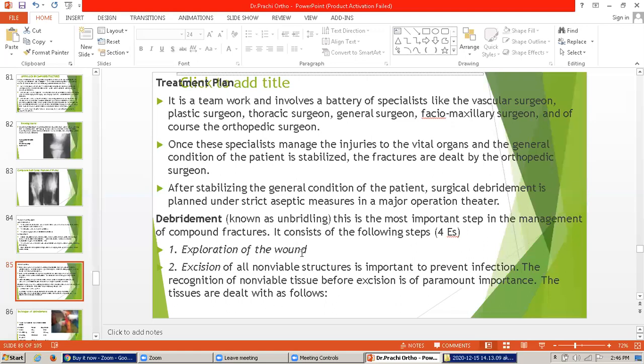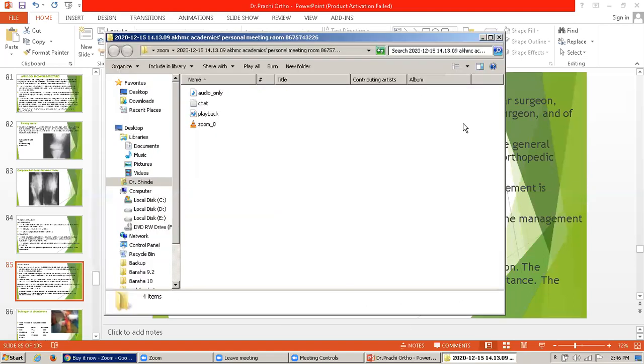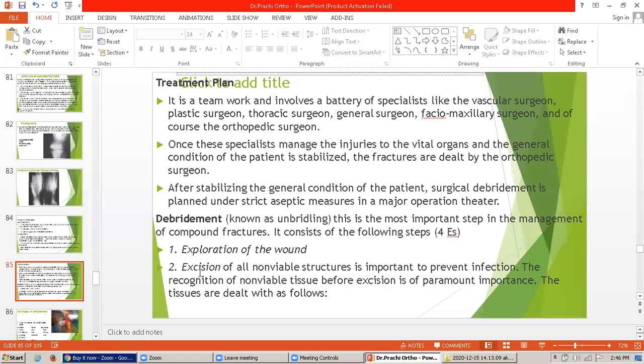Firstly, exploration of the wound, then excision of all non-viable structures, which is important to prevent infection.